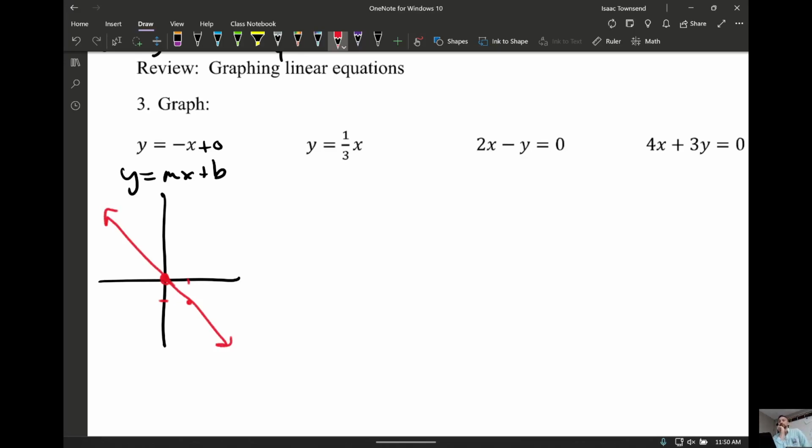And that's what that line would look like. The second one's also already in mx plus b, so instantly I know it crosses the y-axis at 0. Use the slope of 1/3 to count up 1, right 3, and 2 points to find a line. So that's all you need.